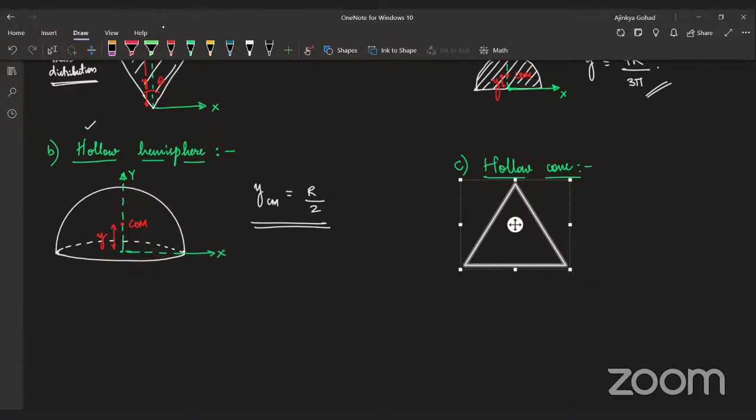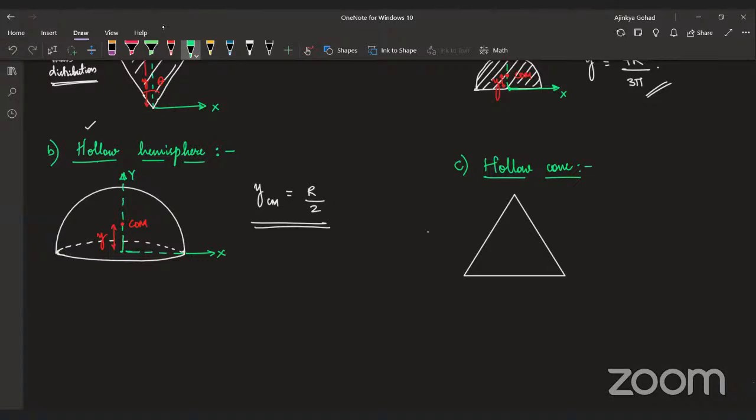in the cone as well, you can see the vertical height is going to be your axis of symmetry. Vertical height is going to be your axis of symmetry, right?